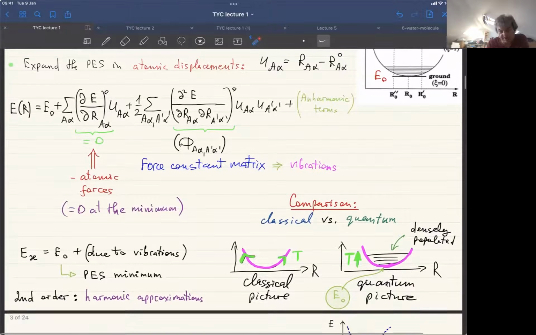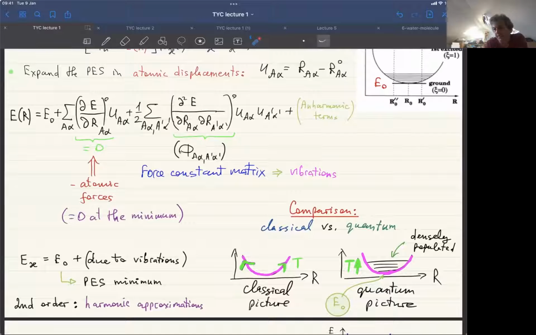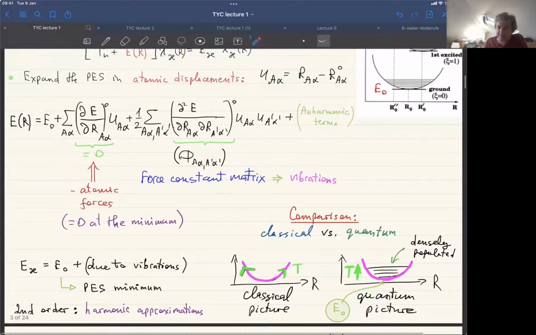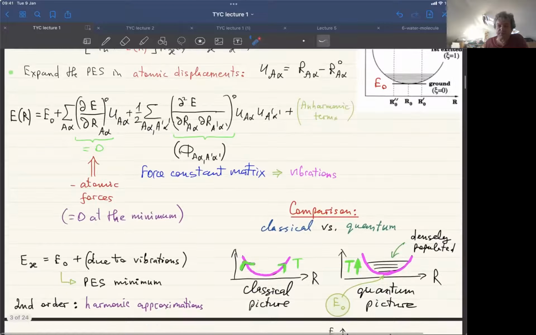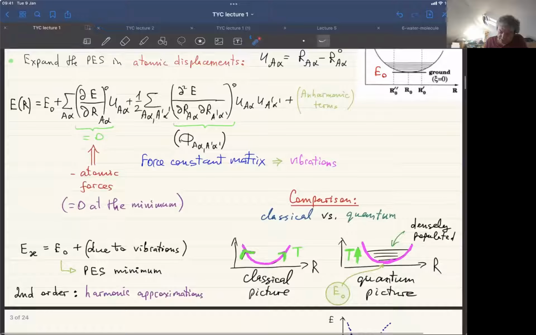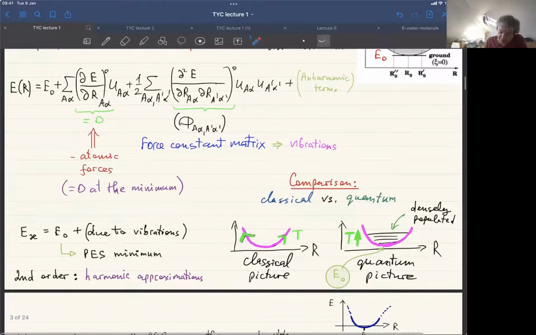In the classical picture, that means that this potential energy surface is a parabola in a multidimensional space, or a paraboloid in a multidimensional space of atomic displacements. And in the classical picture, that would mean that if you allow these atoms to move, they would oscillate within that potential energy well, which is harmonic.